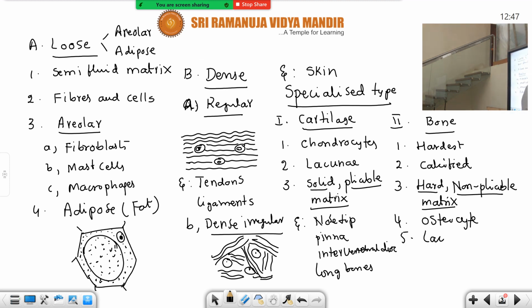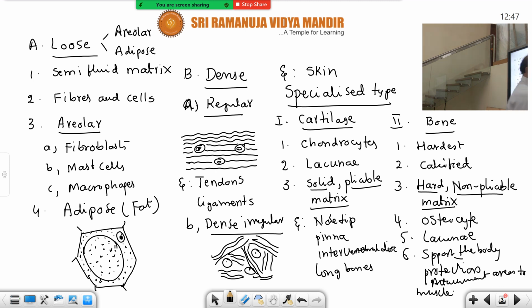Osteocytes are enclosed in lacunae. Bones support the shape of the body, and protect organs. Brain, heart, lungs are all protected, and bones also bring movements by providing attachment areas to muscles, so that movements are brought about in coordination with muscular activities.